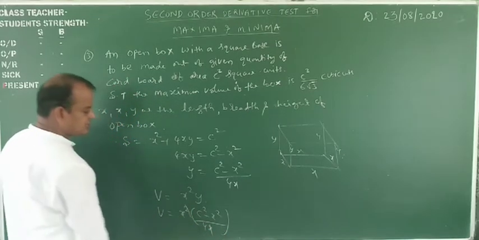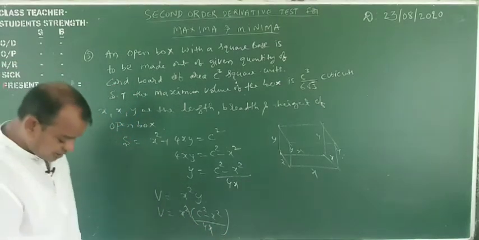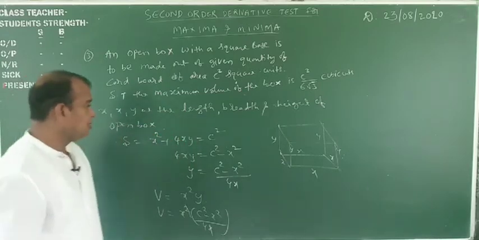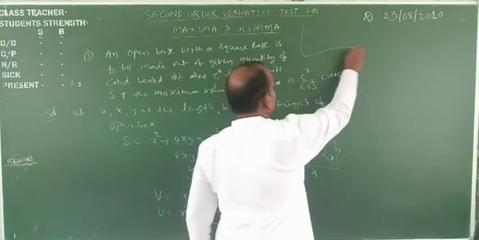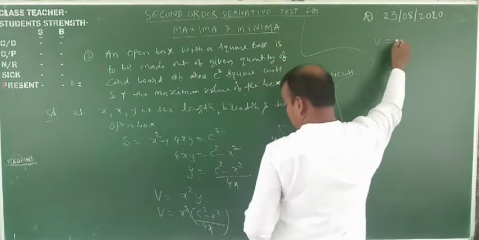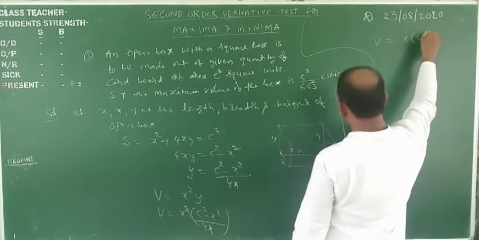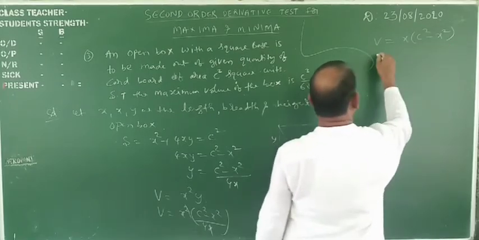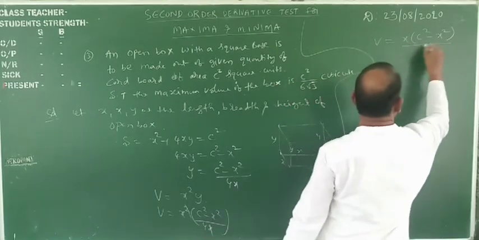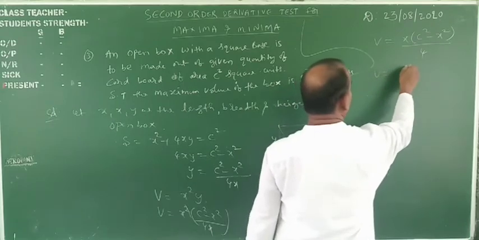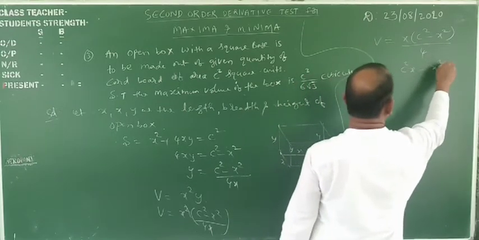Here x cancels. So v is equal to x into c square minus x square, divided by 4. Now v is equal to c square x minus x cube, by 4.